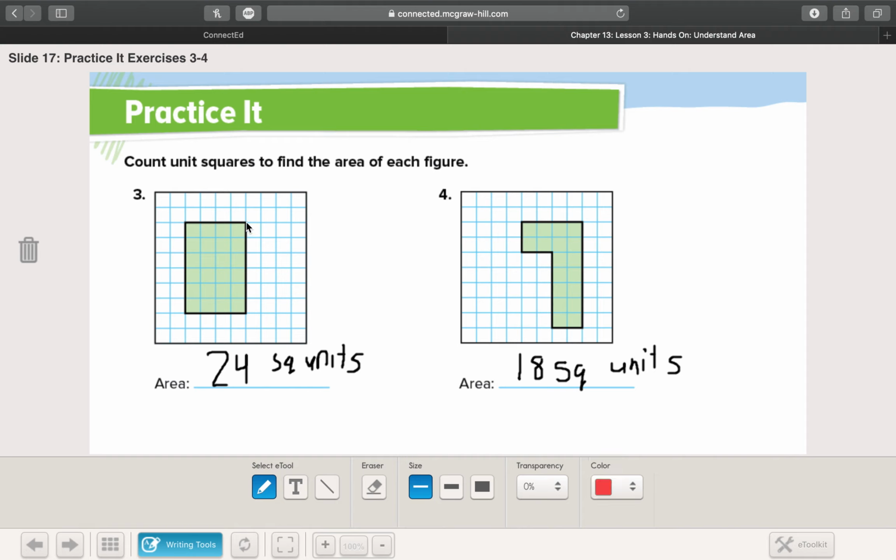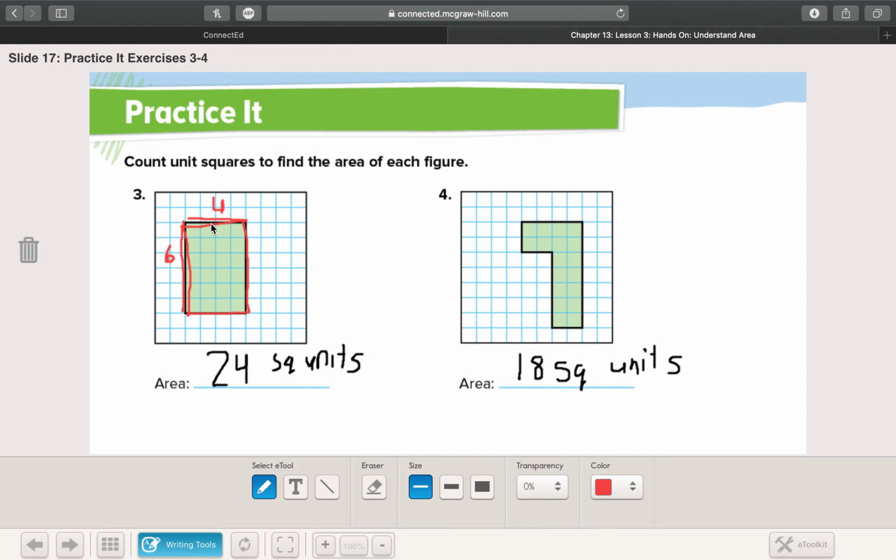So, good thing, this shape right here looks very similar to something that we've done so much this year, which is an array. We know all about arrays, and this is basically just an array. If we count how many go across the top, 1, 2, 3, 4, we could write 4 right here, and how many go down the side? 1, 2, 3, 4, 5, 6.